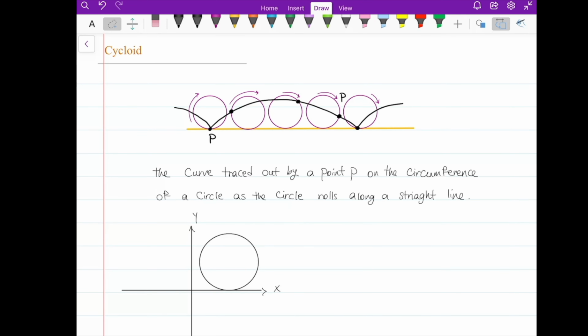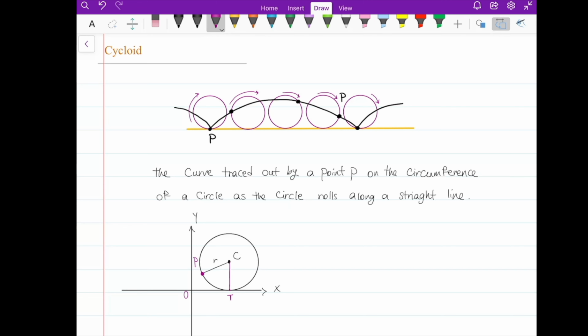The circle has a center C, and that's the radius, and assume that this is the point P, the point that we care about. This is the origin, and I'm going to have this point here, T.